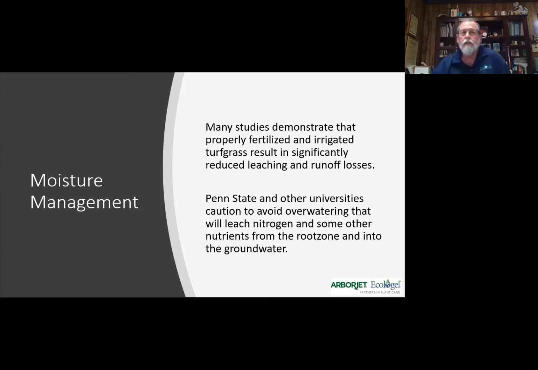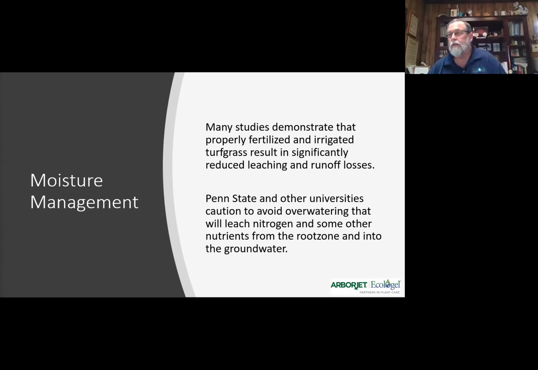Moisture management is another big area. If you don't have proper moisture in the soil, your nutrients can't move and be taken up by the roots. Many studies have demonstrated that properly irrigated and fertilized turf has significantly less leaching of nutrients and soil runoff.